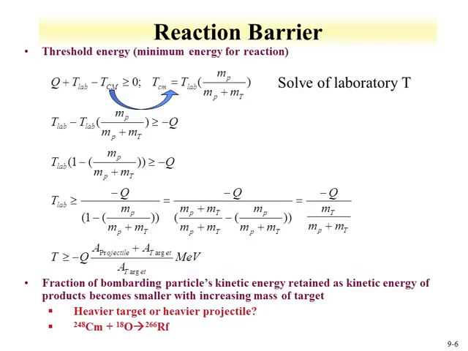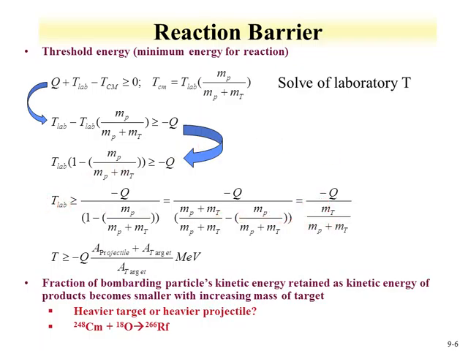We come up with the rearranged equation, which is listed here. We've put the Q value onto the other side of the equation and taken the kinetic energy of the lab term out. Now we can rearrange this equation and solve for what the kinetic energy of the laboratory must be greater than.